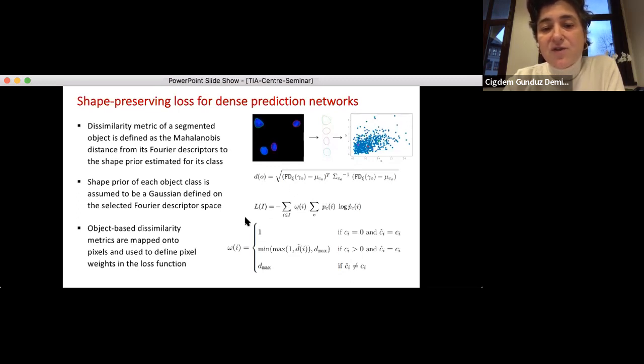For true negative pixels, we are just using a unit weight, but for the true positive pixels, we calculated that weight according to the dissimilarity metric. And we are using a maximum value of the dissimilarity metric for all false positives and false negatives.